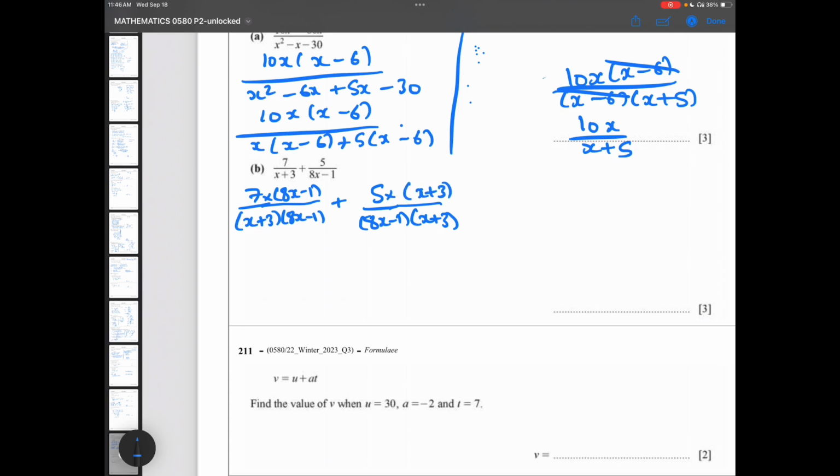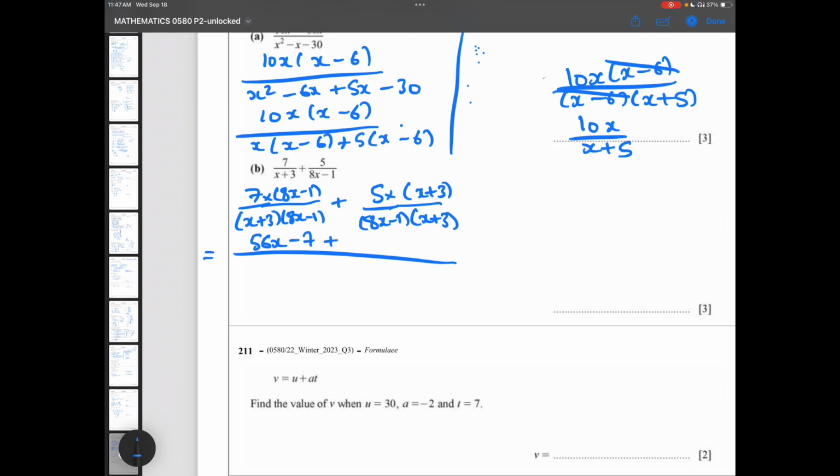Now 7 into (8x − 1) is equal to 7 into 8x, which is 56x, and 7 into −1 is −7.